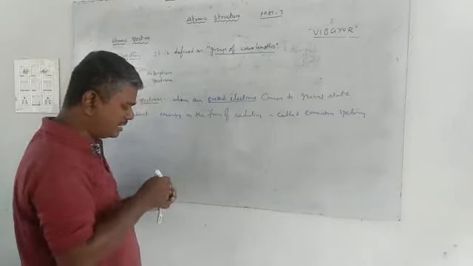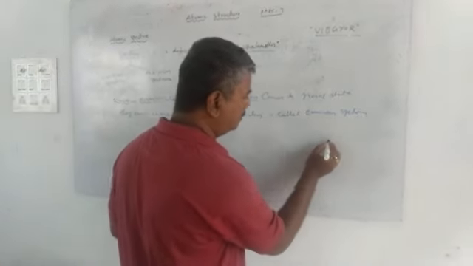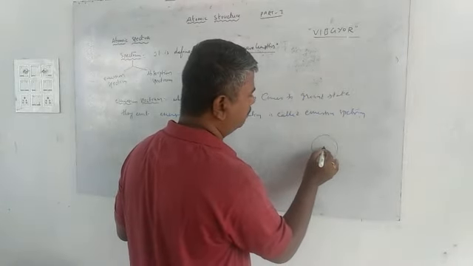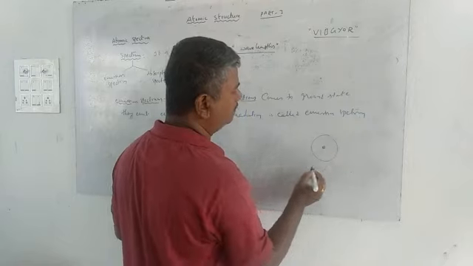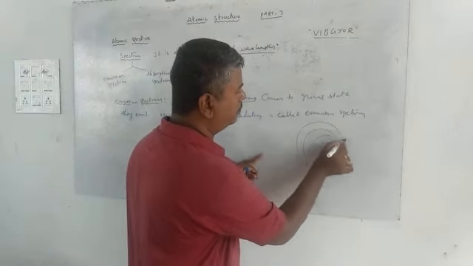Excited electron means you give some energy. This is the nucleus, and these are the orbits.